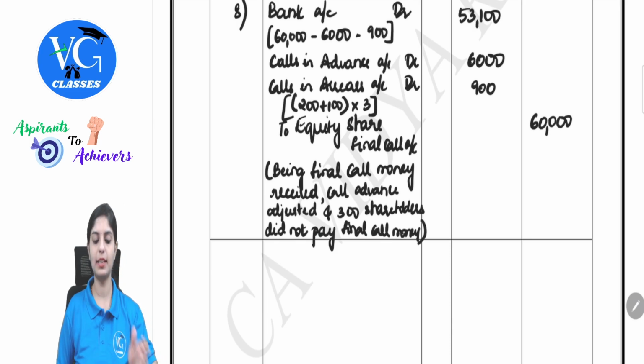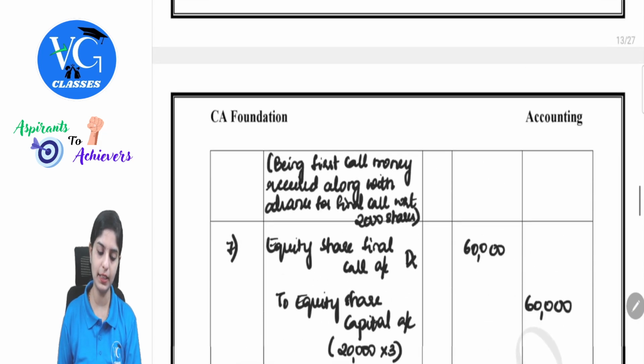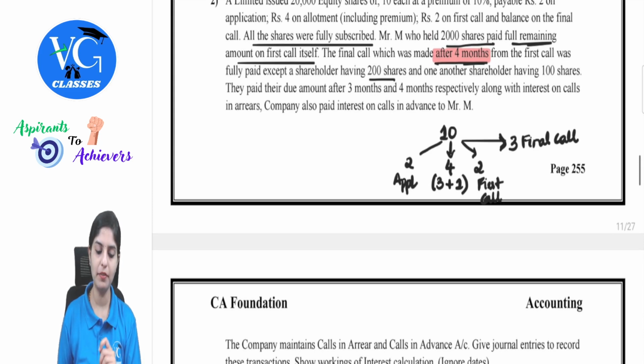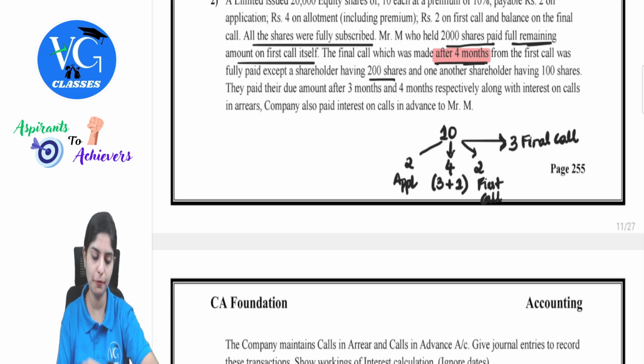So this communicates why we have transferred to calls in arrears. I hope this is understood. Further, we will have to record this interest. So just to confirm, we will also have to know whether the company has been receiving these calls money on any date in future.